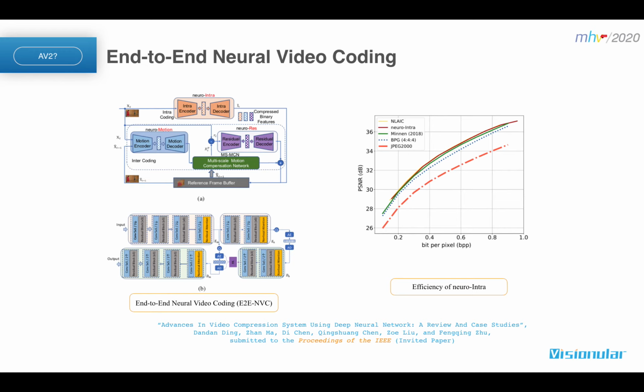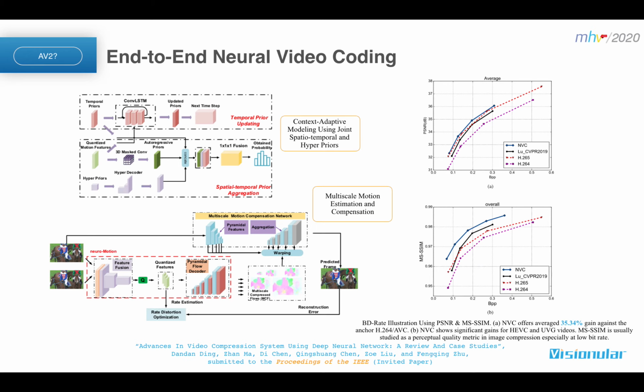The result has been included in one of our invited papers that has been submitted to the Proceedings of the IEEE. From the result, it can be seen that the end-to-end neural video coding, using stacked convolutional neural networks, shows great potential, close to, for example, the H.265 HEVC all-intra.